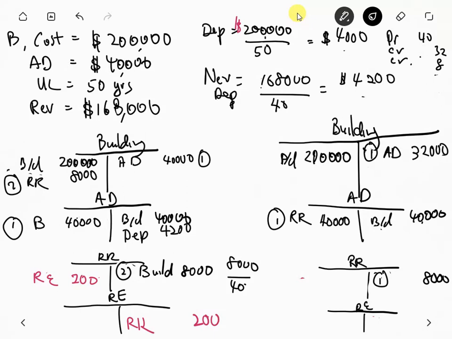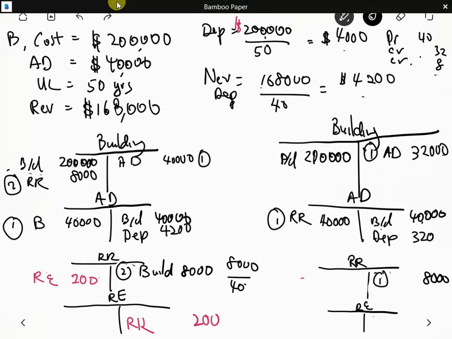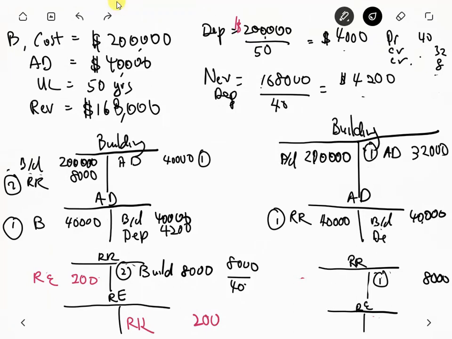Is it okay? So now what I do, I depreciate 3,002 and 4,002. Done. And I need to transfer.